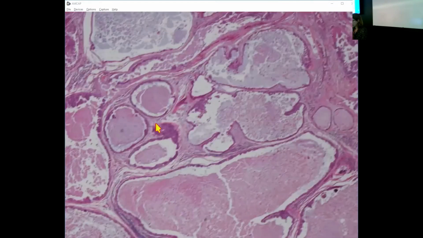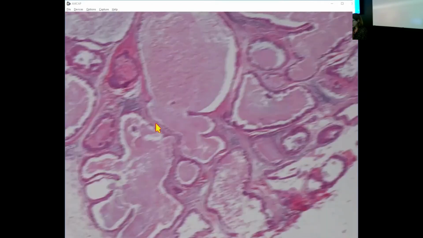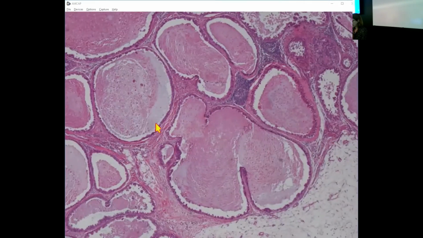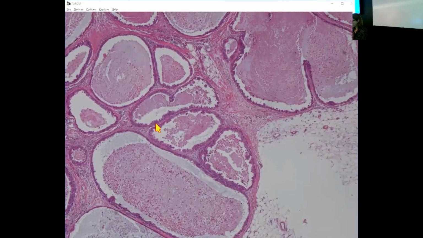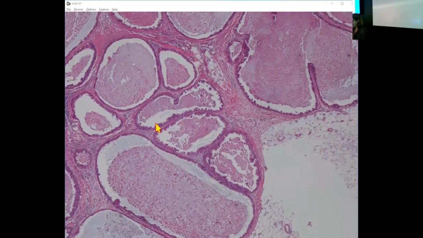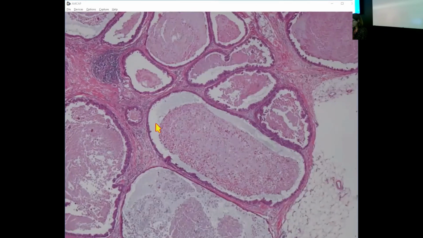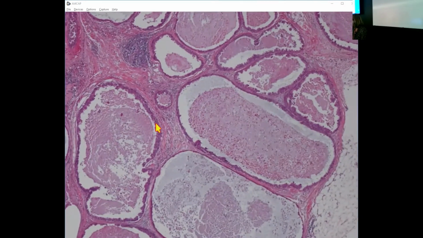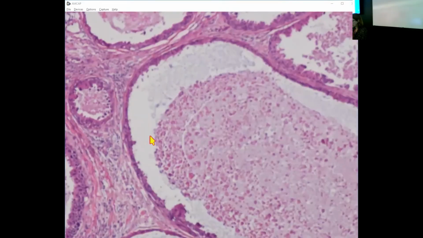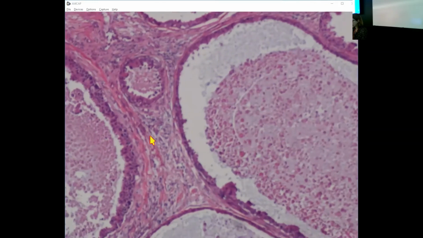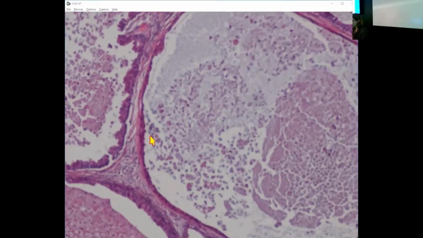Right, so look at this. Round rigid spaces, I guess, but tons of necrosis, and even on this low power, you can see that there's a lot of variability in the nuclei. They look like high grade nuclei. And this is just an unusual example of really extensive clinging carcinoma in a young patient.